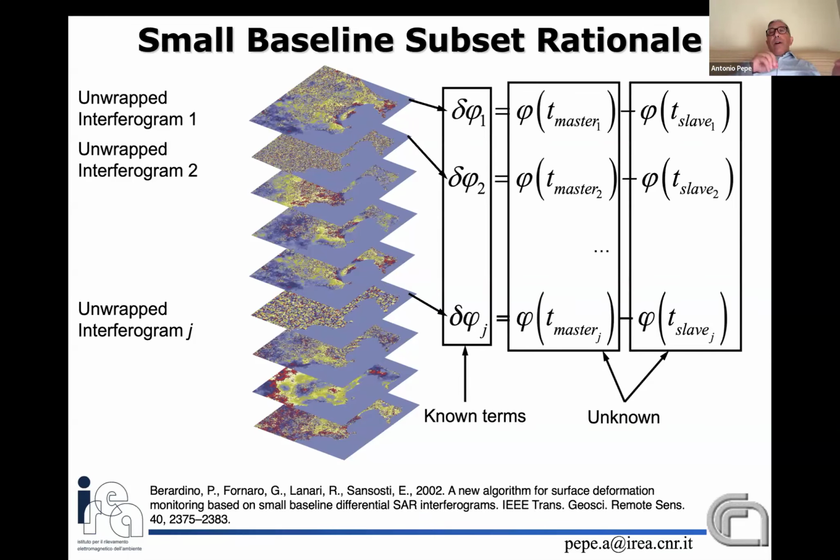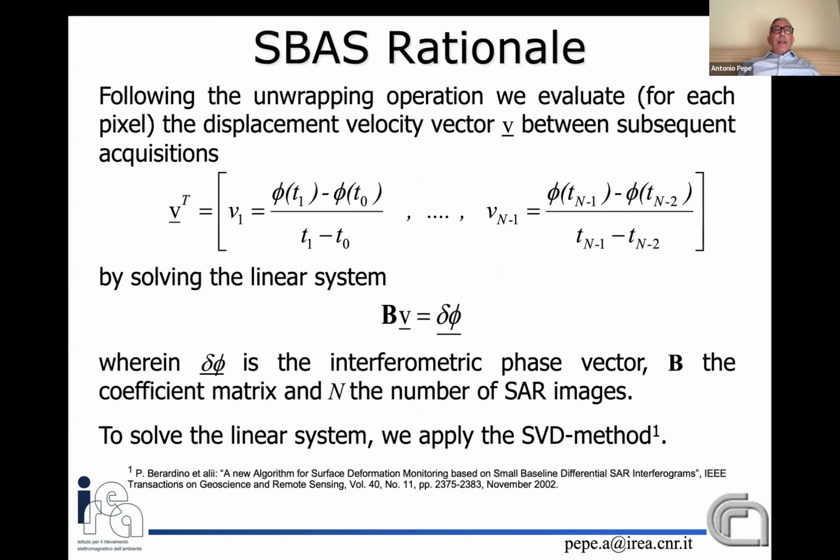Actually, in 2002, my colleagues demonstrated that this solution is not physically reasonable, and so they moved from the phase to the velocity. Mathematically speaking, they moved from the phase to the velocity differences, and they obtained another system of linear equations that is solved using the singular value decomposition method.